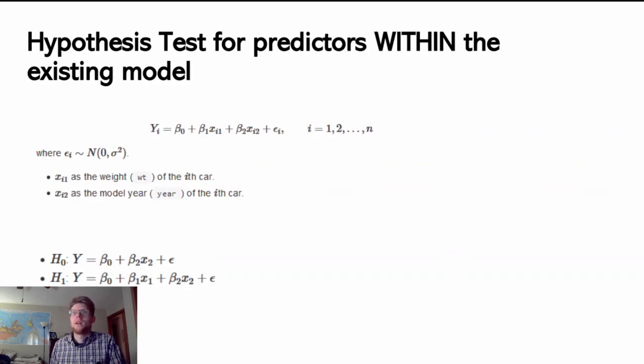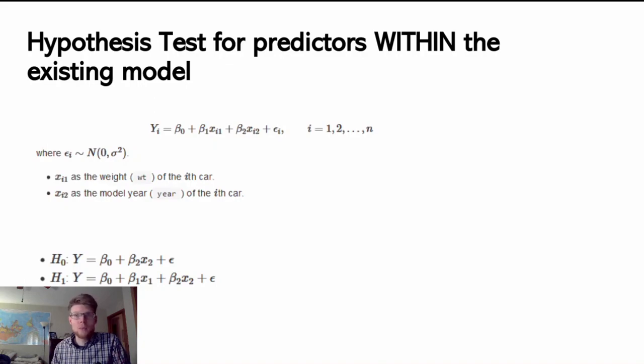One thing that changes here, and this is where it gets a little bit tricky, is that hypothesis tests are a little bit hard to interpret in a multiple regression context, because we're judging the significance of this predictor given that the other predictor is already in the model and being used. Even though these might individually be significant predictors, like weight as a predictor and year as a predictor, and we could run solo models and say each of these as a solo predictor is significant, that we have evidence there is at least some kind of relationship going on here.